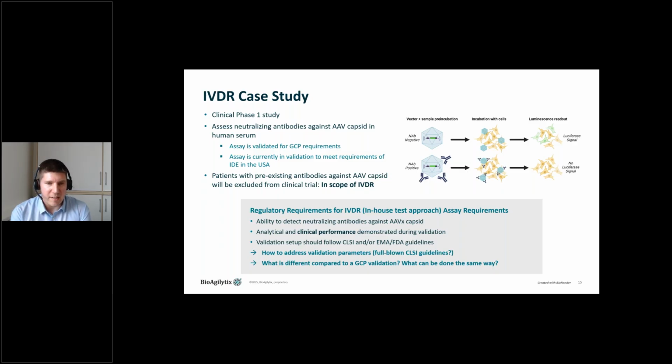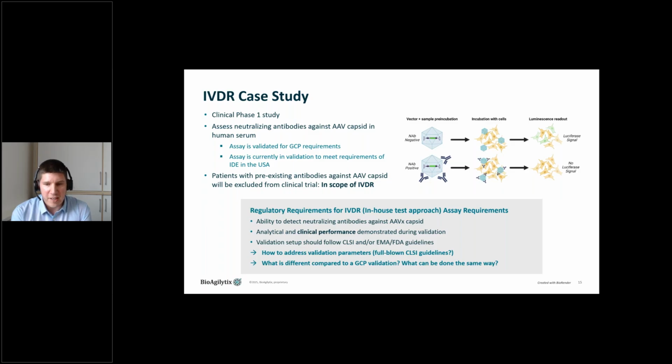In most cases, as already mentioned by Luke, we have validated these assays for GCP requirements, but now the clinical trial protocol is putting the assay in scope of IVDR by including an inclusion-exclusion step up front to only include patients that don't have pre-existing antibodies. So you see the scheme that Luke also showed. I will not go over this for the sake of time.